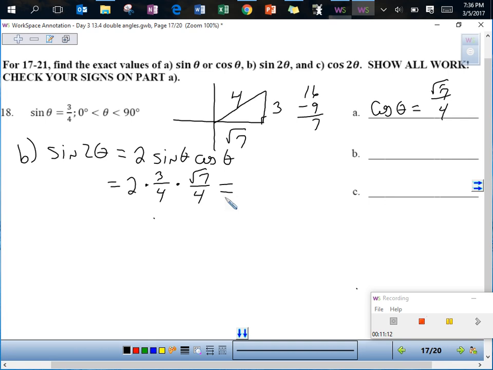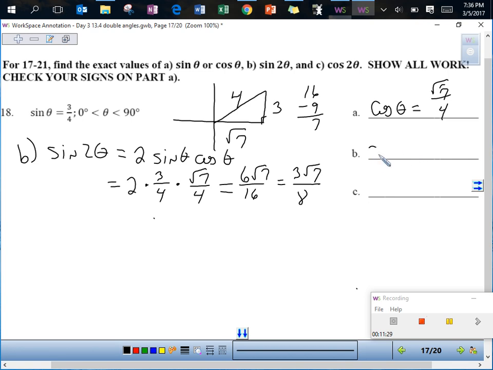Multiply straight across. I'm going to get 6 radical 7 over 16. But notice the 6 and the 16 reduce. So I'm going to get 3 radical 7/8.